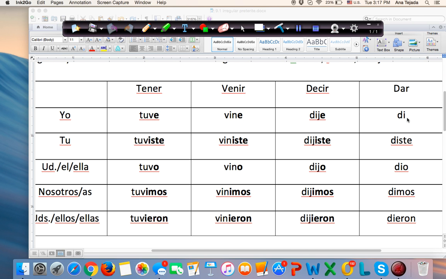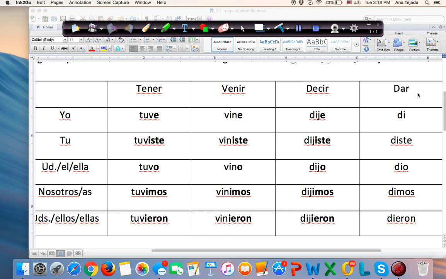We are gonna have an I, which is the regular ending for regular verbs in the preterite form. The only difference is that it doesn't have an accent mark or a tilde, no tiene tilde. Lo mismo con dio. The regular preterite verb says that it needs a tilde on the O. It doesn't have it.